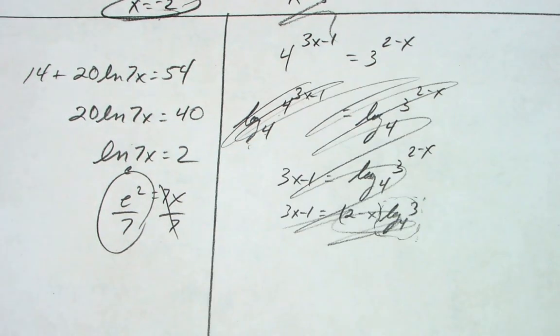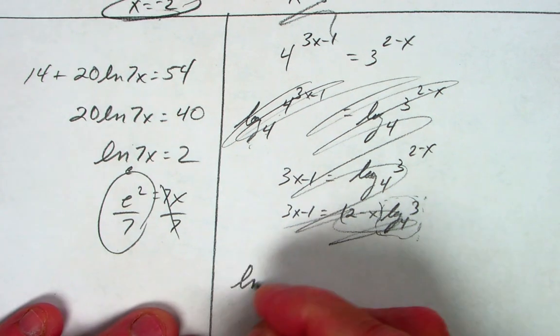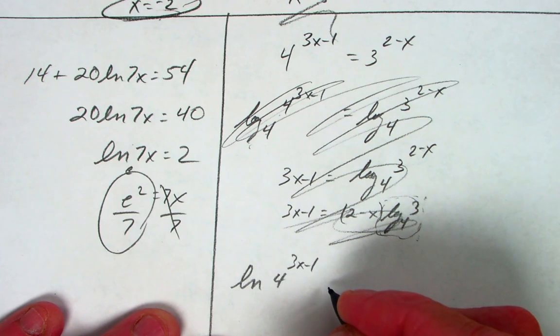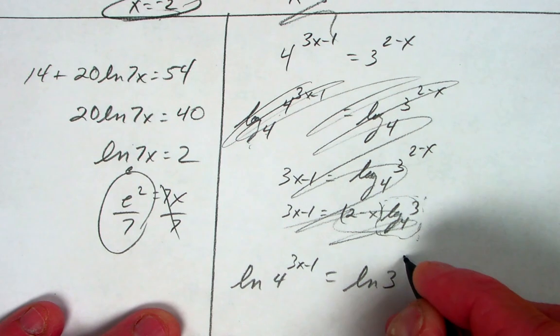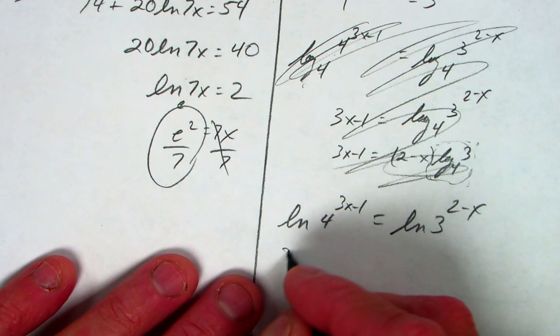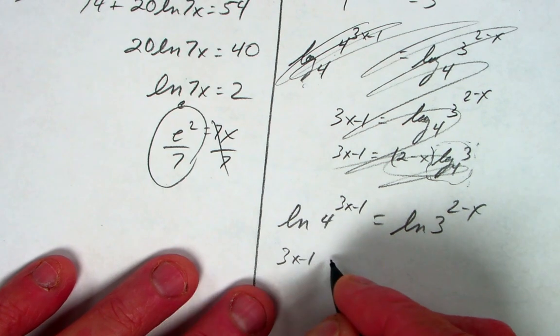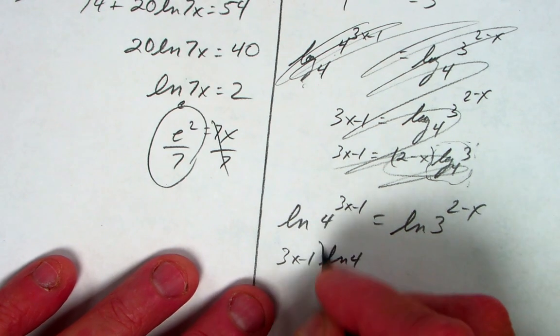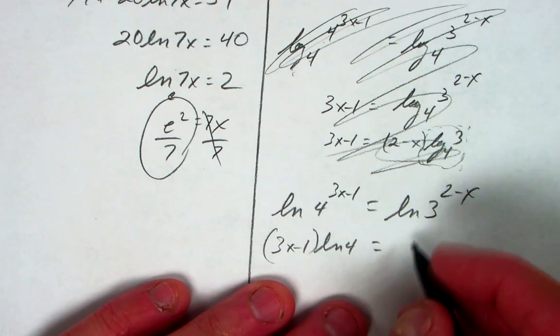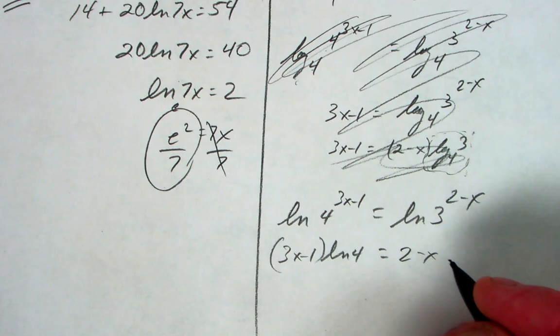We're going to take the log of both sides. And I'm just going to do the natural log because it's easy to write. What can I do with this 3x minus 1? Move it to the front. Good job, Hunter. Thank you. What can I do with this one? Move it to the front. Thanks, buddy.